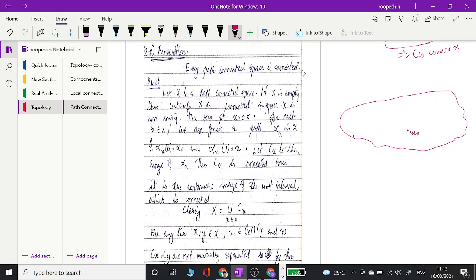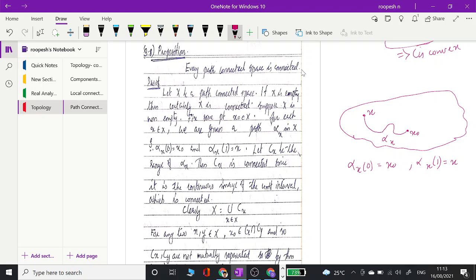For each x belonging to X, we can give a path; suppose here is one such x. I can find a path, which I name alpha x, with the property that alpha x of 0 equals x naught and alpha x of 1 equals x. That means alpha x is a path connecting x naught to x.